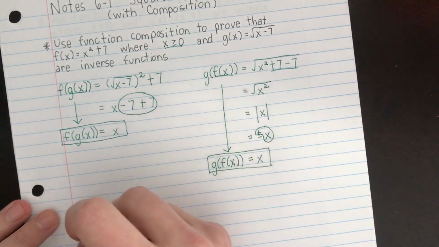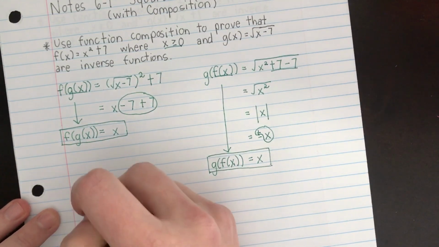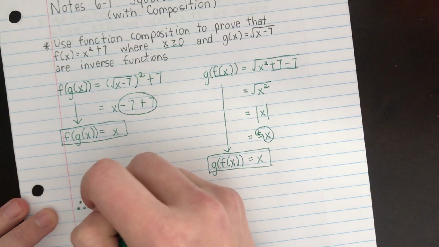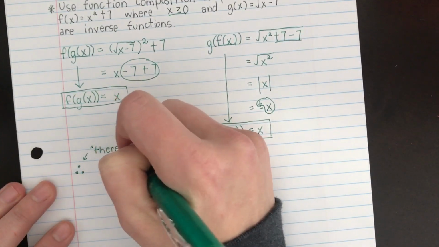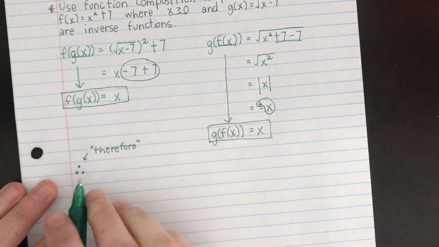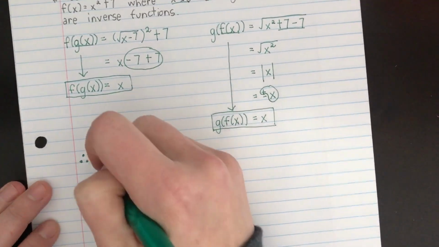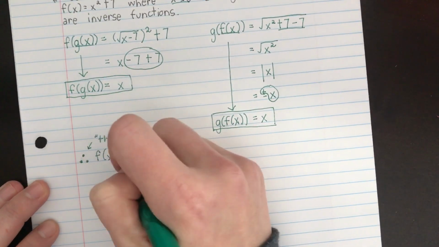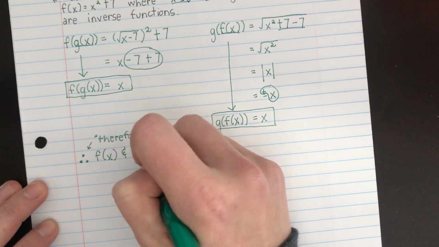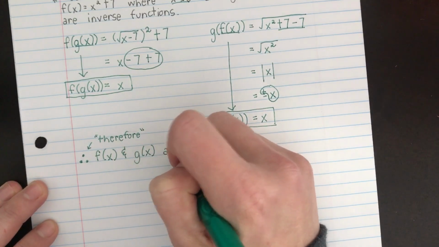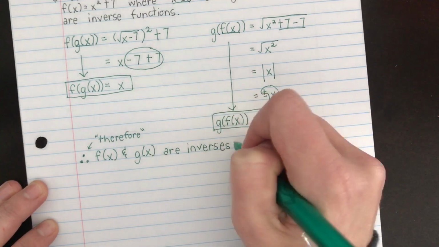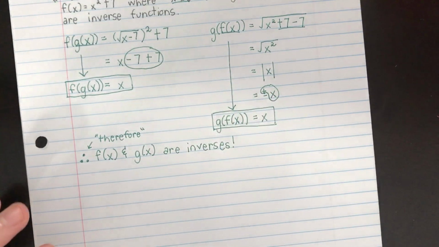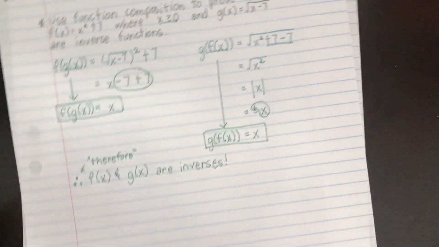So therefore, that's math terminology for therefore. Therefore, three little dots, f of x and g of x are inverses. Yay. Okay, so let's try another example.